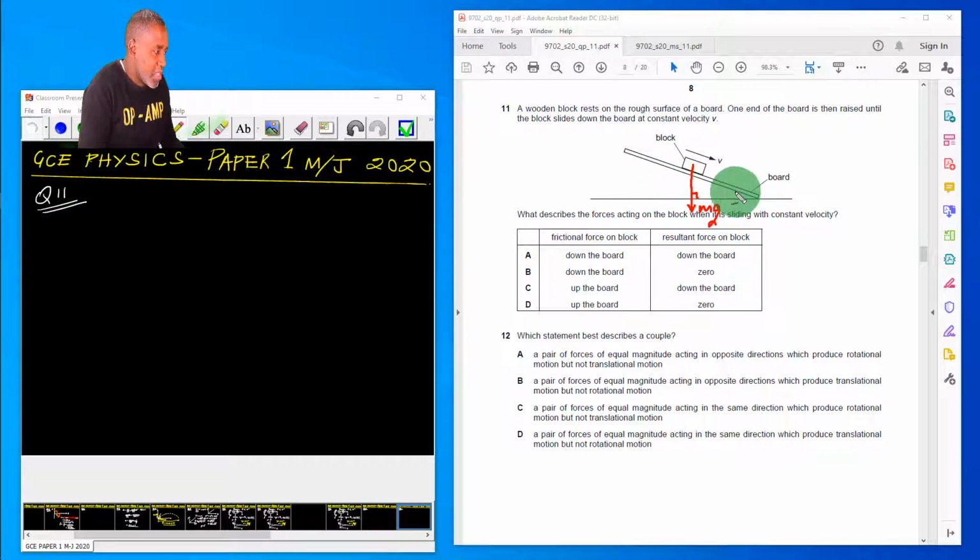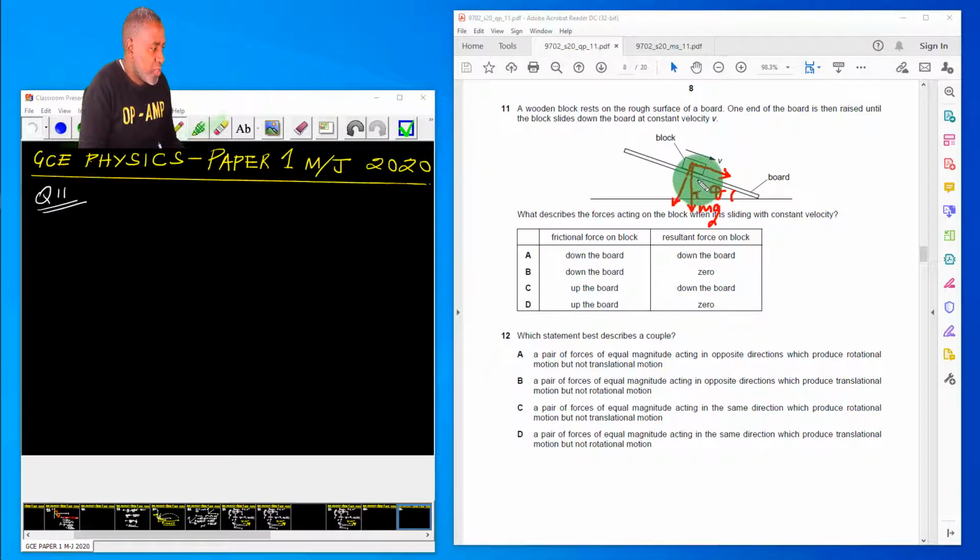The board is usually inclined at some angle theta. So we are able to resolve this force perpendicular to the incline this way, which will be mg cos theta, and then parallel to the incline like this down the incline, which will be mg sin theta.